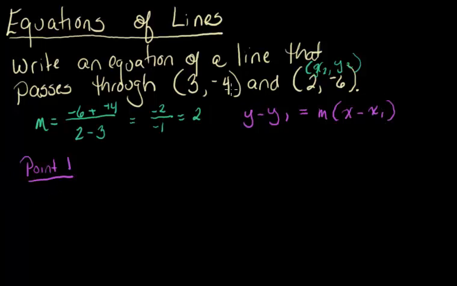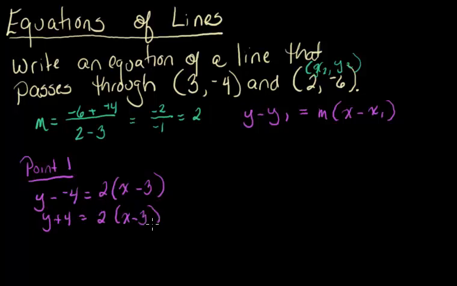So I'm just going to substitute in: y minus -4 equals 2 times the quantity of x minus 3. I'm not going to leave it that way. I'm going to say y plus 4 equals 2 times the quantity of x minus 3.